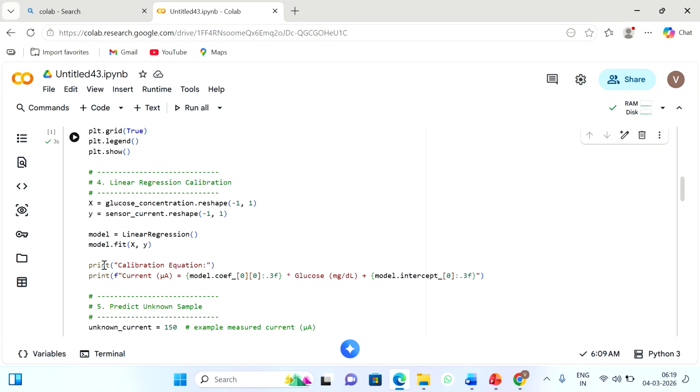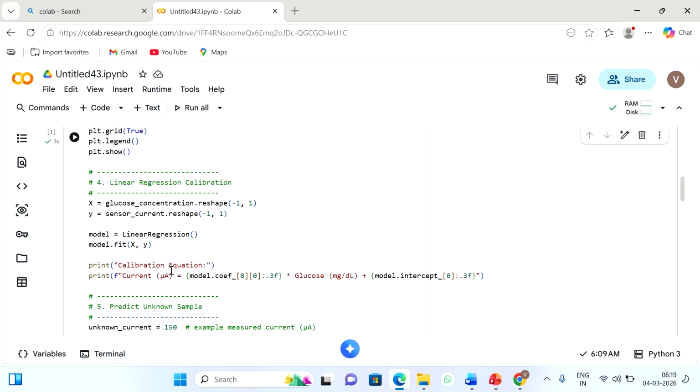Fit model. Then model is equal to LinearRegression(). model.fit(x, y), and this calculates the best fit straight line where m is equal to model.coef_, and this gives the sensitivity. b is equal to model.intercept_, and it gives the baseline current.